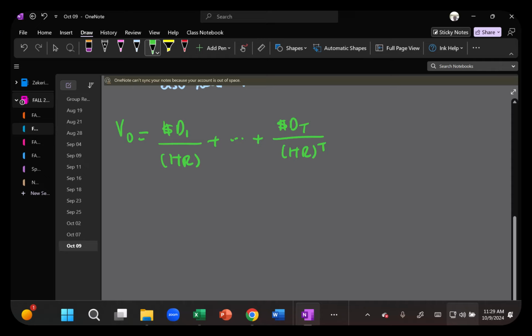These are the present values of the known dividends. Then I'm going to take the terminal value, for which I'll give you a formula, and calculate the present value of that.